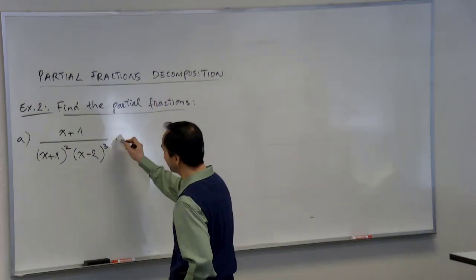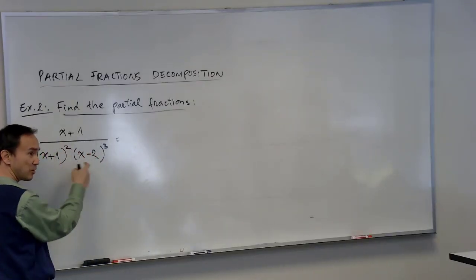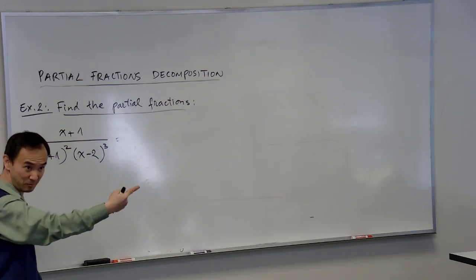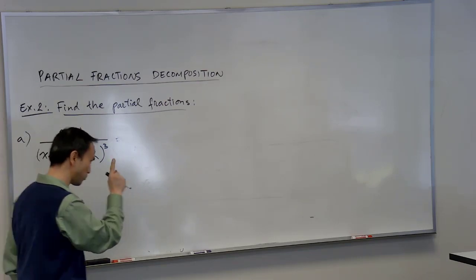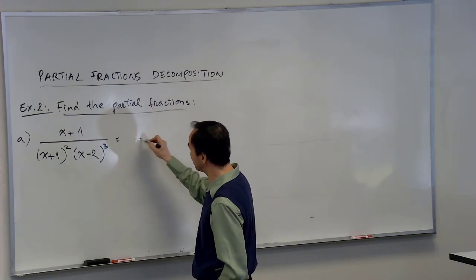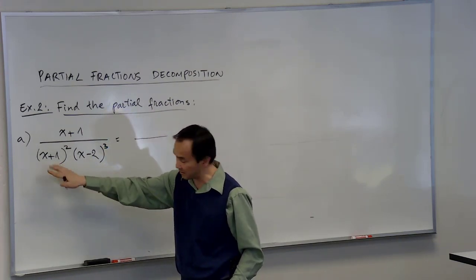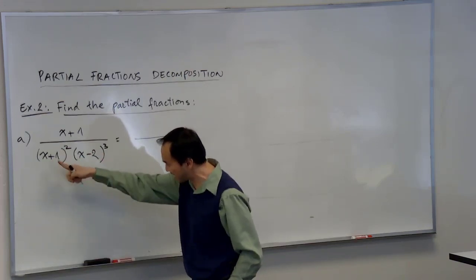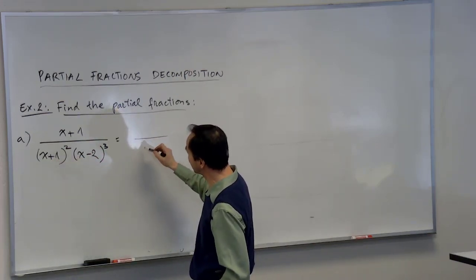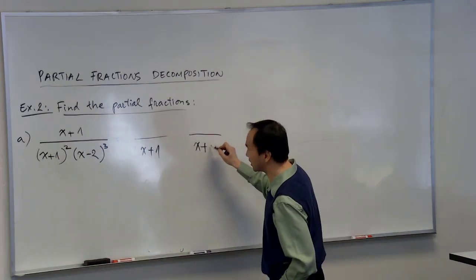So this is how I'm seeing it. You got only 2 distinct factors, but each one of these is repeated. The way we're doing it is similar to the demonstration problem. For the first distinct linear factor, even though it's repeated, in the whole picture x plus 1 is the first distinct one. You're going to need x plus 1, and then x plus 1 squared.